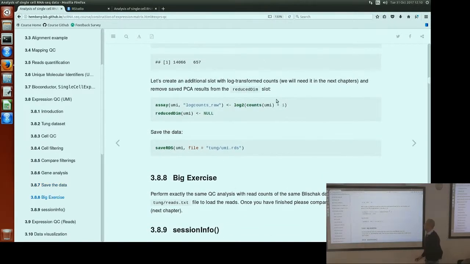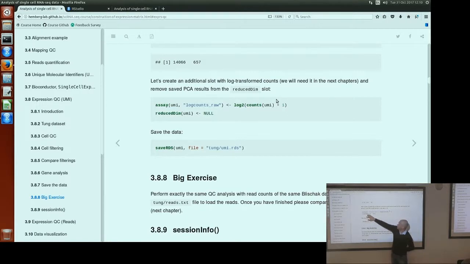But our single-cell experiment object still only contains the counts assay. So we would also like to log transform the counts and write them to another assay called logcounts_raw. We will need it for the next chapter. We just need to do it now.